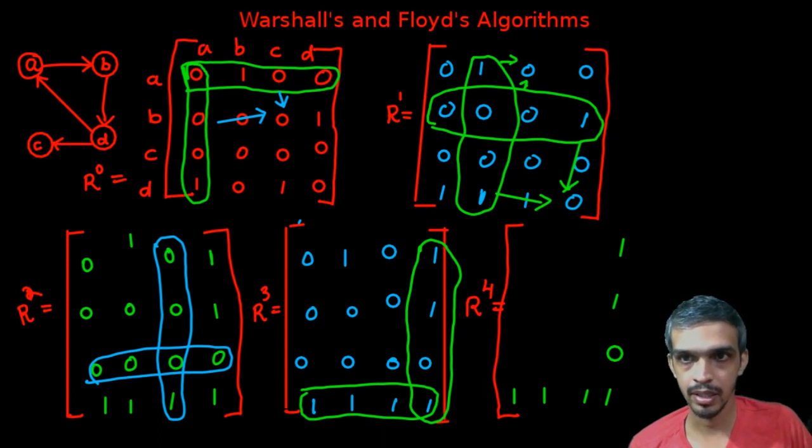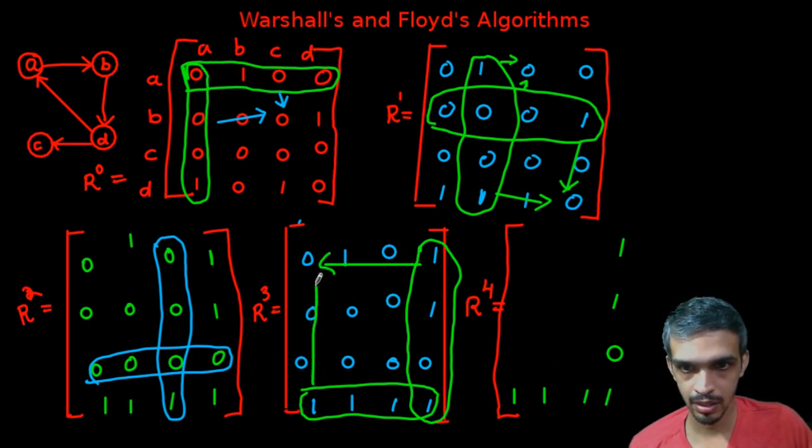Next, if you take the values 1, so this value you can update by 1 and 1, 1, which is ORed with this one, so it will become 1. 1 and 1, 1, which is ORed with 1, so this will become 1, it is already 1. 1 and 1, 1.